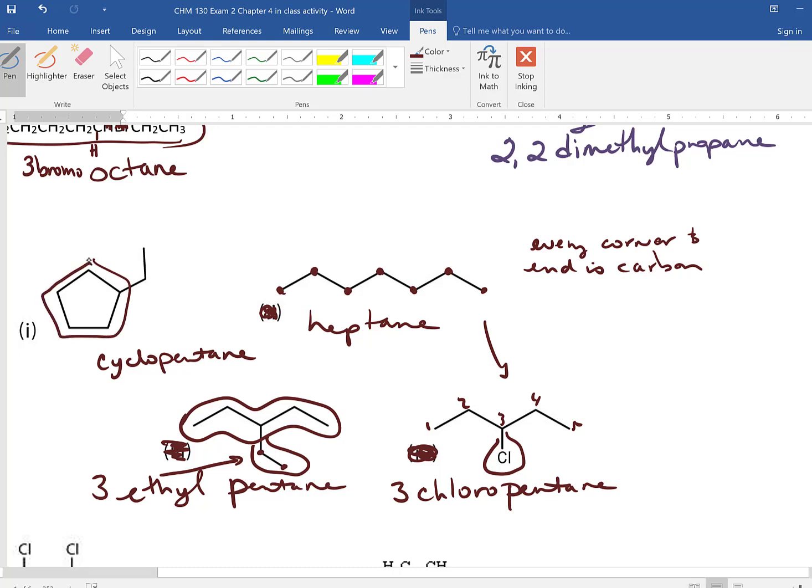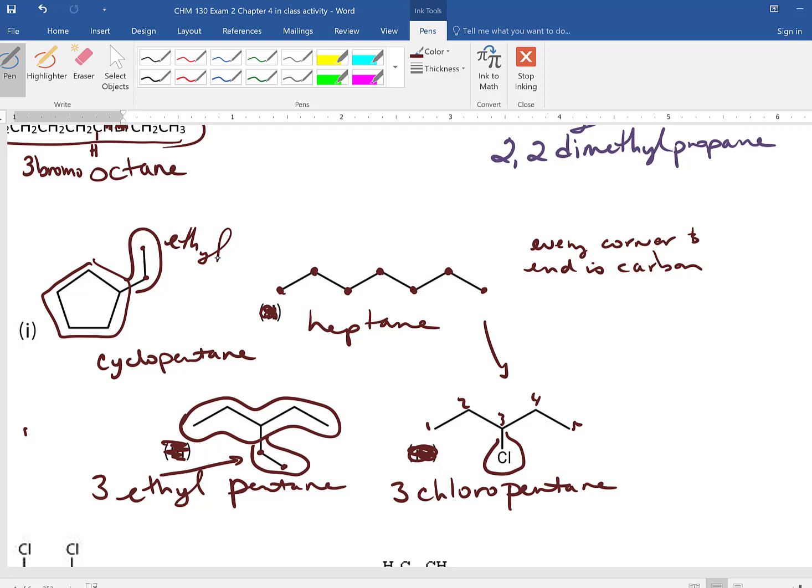So the only other thing is yes, it does have something hanging off. So we've got this, which is a CH2, CH3 group. This is a carbon and that's a carbon. So it's a 2-carbon group hanging off, so you call it ethyl. In the numbering part, we don't have an end because it's a ring structure.